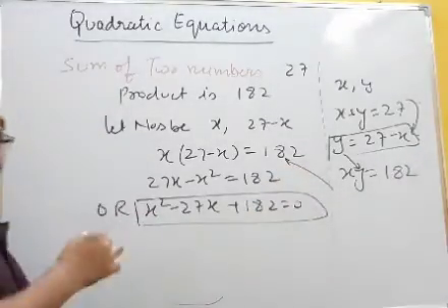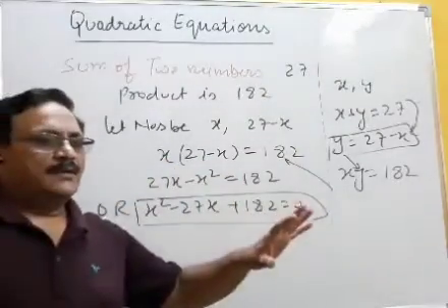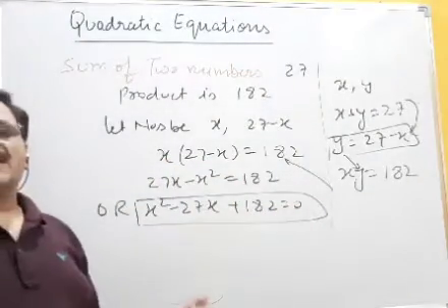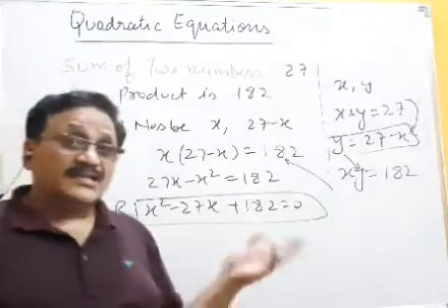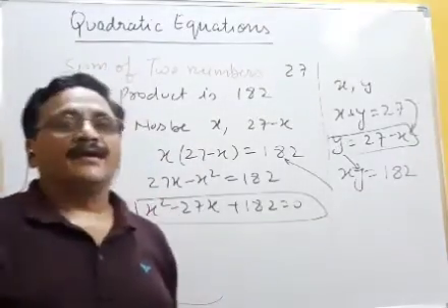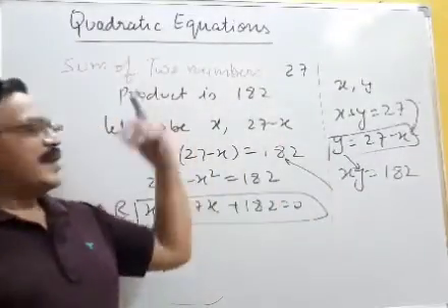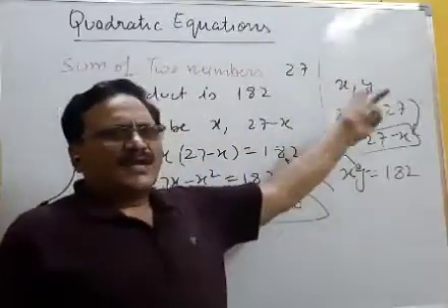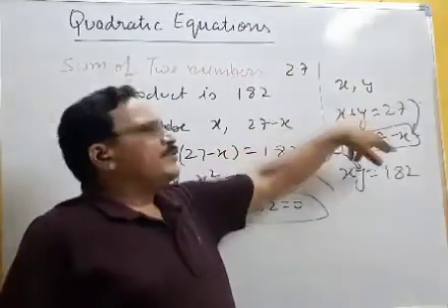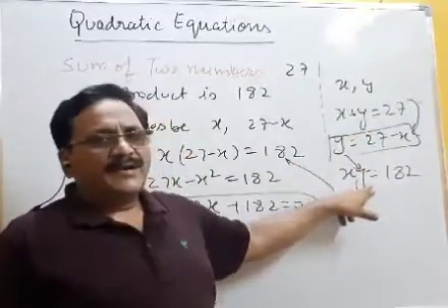Here what I want to tell you is that it does not matter, when you are studying this question in the exam, from which chapter it is, whether third or fourth, quadratic or linear. You just start: I don't know which chapter it is coming from, so I start with the general two variable equation, two numbers x and y, their sum x plus y is 27, their product is 182.